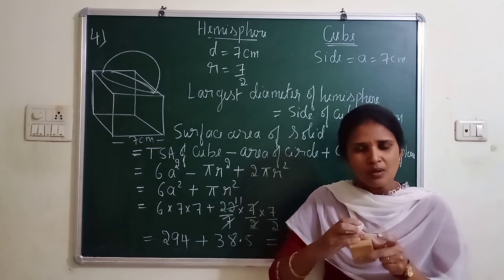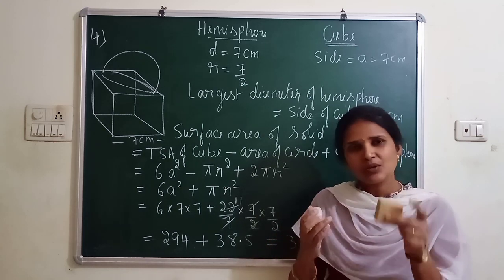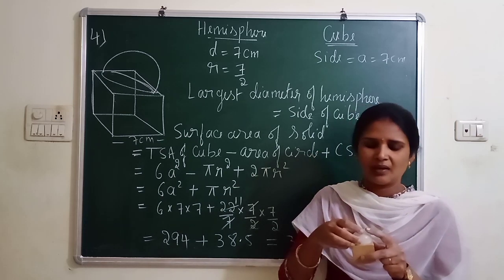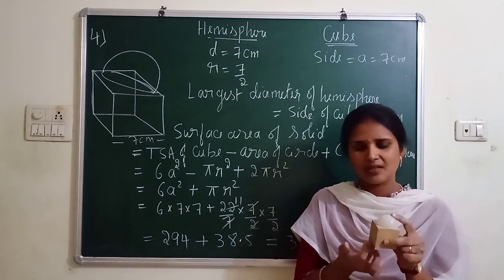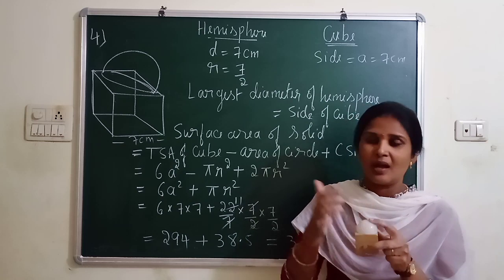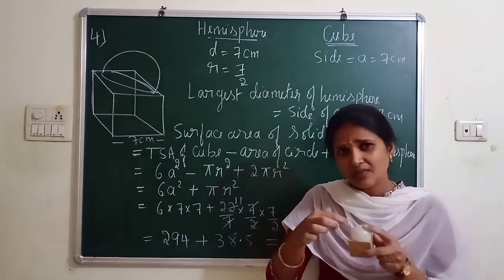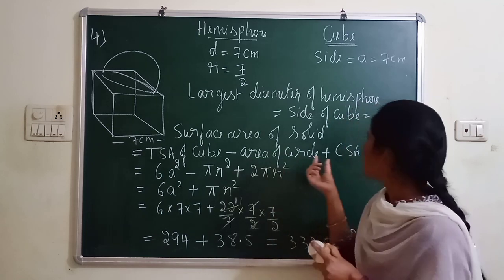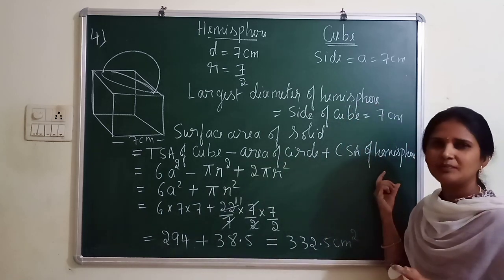So I should take the TSA of this cube minus the area of the circle; we get all 5 faces plus these corners. And what else can you see? The hemispherical part, that is the lateral part, so add the CSA of the hemisphere.